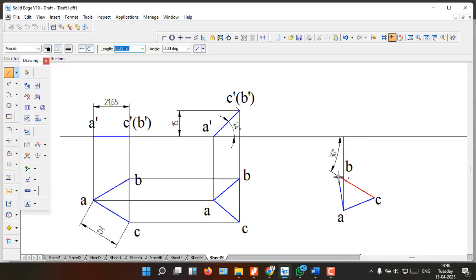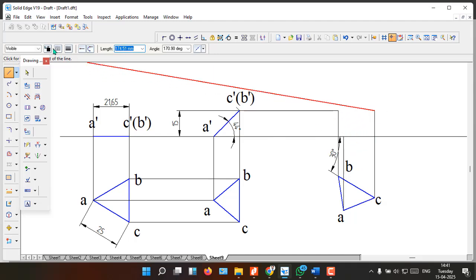So this is B. B is here. This is C. C is here. You can use any one of the method, alignment indicator or trim corner, depending upon the situation you use it. This is just a three corner. So better we can go with the alignment indicator. Then things will be easy.